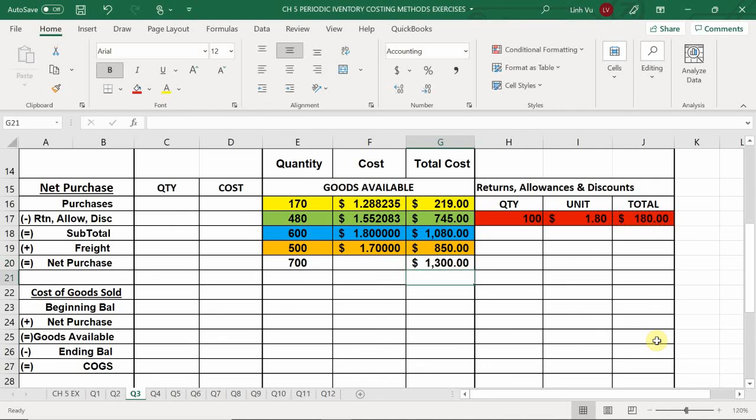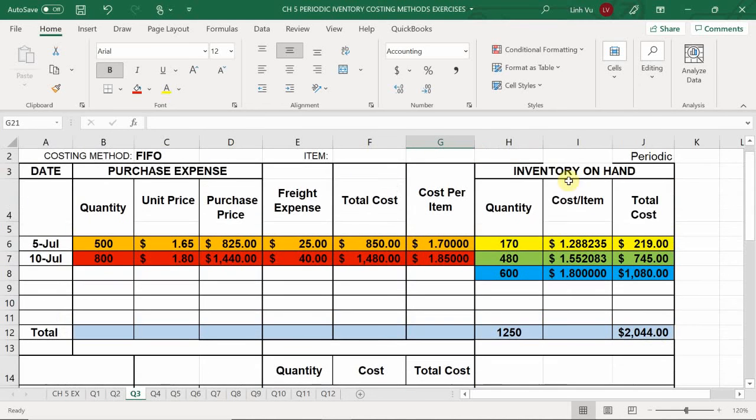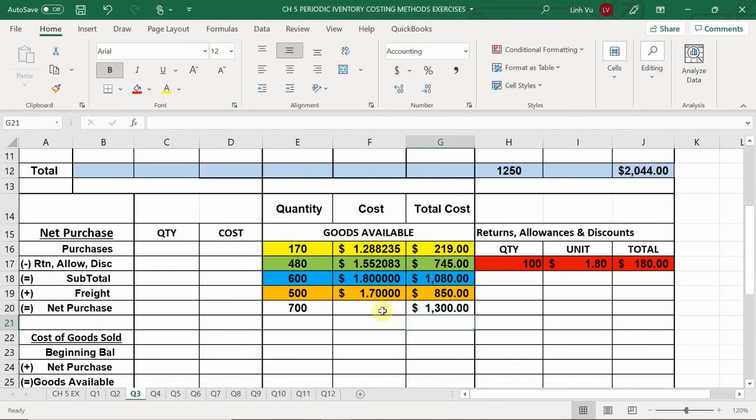1,300. How did you guys get 1680? I think you got it from up here, where you started with 1440 minus the 180. You forgot to include the freight of 40. Yeah, I did. Okay.